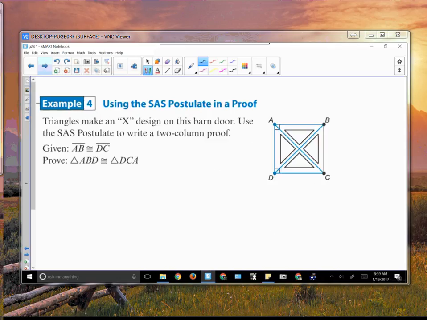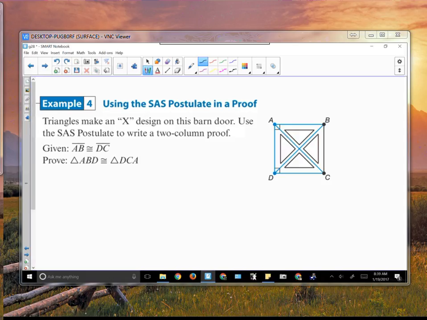So, here we go. We are to make a two-column proof. Use the side, angle, side postulate to write a two-column proof. So, start off here.